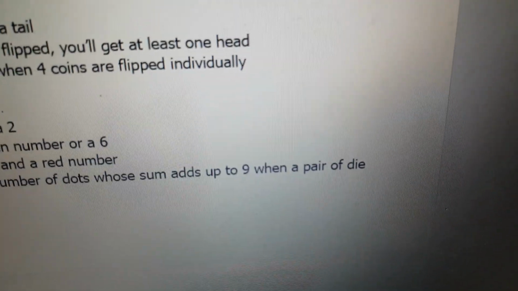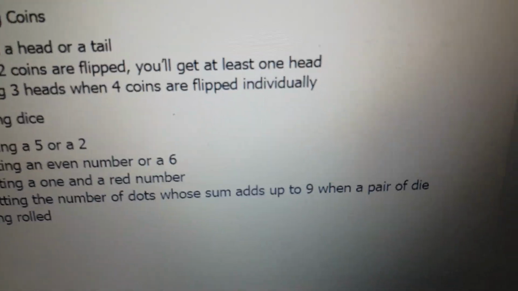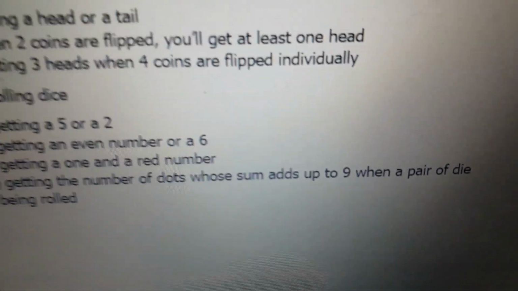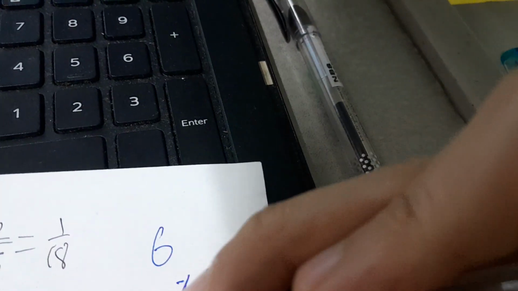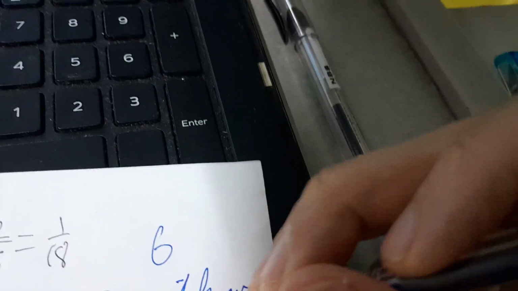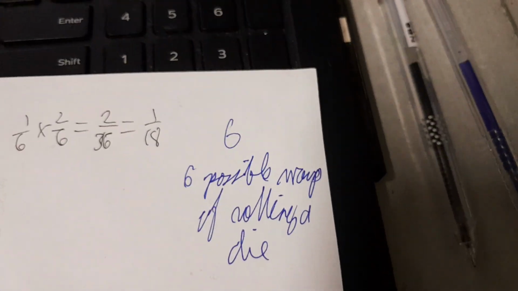So what are the outcomes that lead up to 9? Of course, first we need to list down all the possible outcomes when rolling dice, and we know there are 36. Why 36? Remember the exponent law? How many outcomes are there when you roll a die? 6, because there are 6 possible ways of rolling a die.